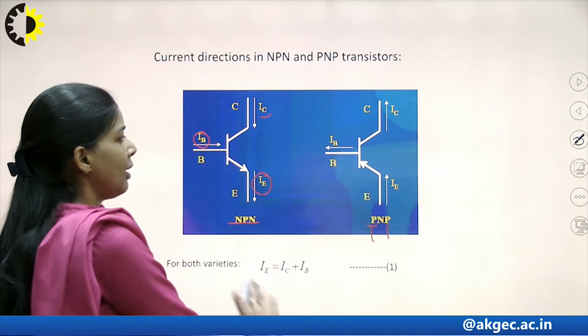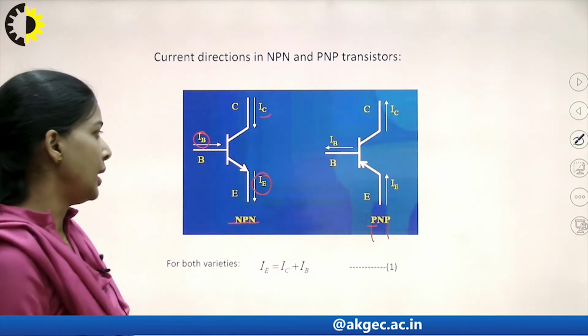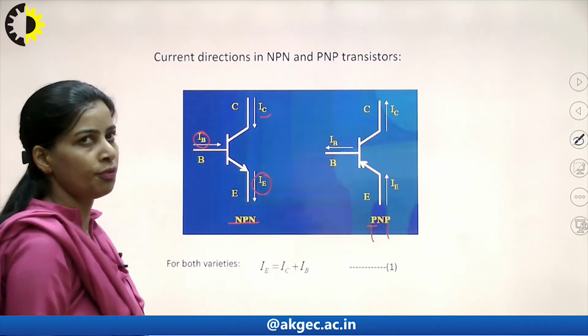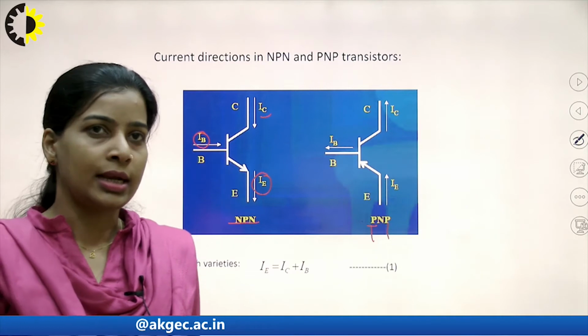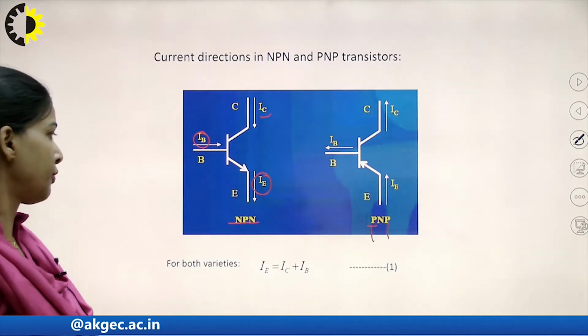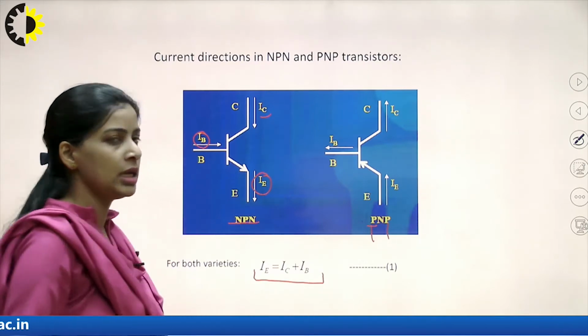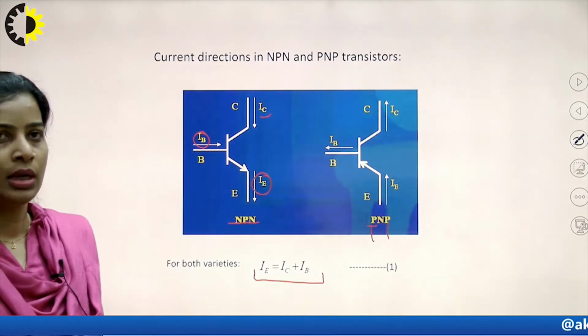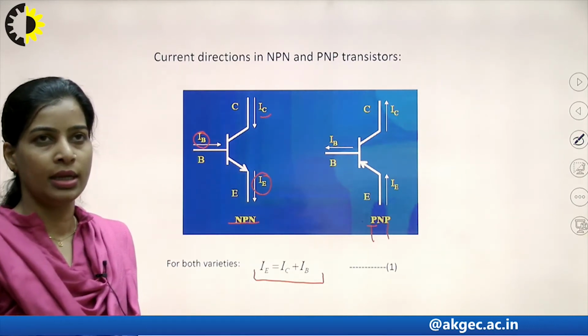So, both will have the three currents IC, IB and IE, with opposite directions of current due to the polarity of the charge carriers contributing to the flow of current. The equation IE = IC + IB holds for both the NPN and PNP configurations.